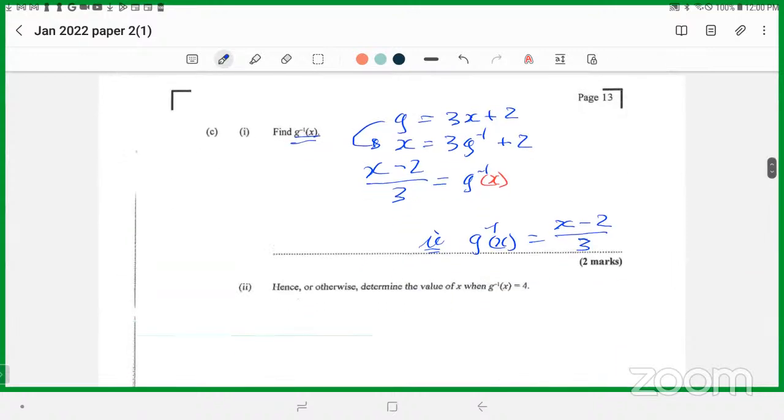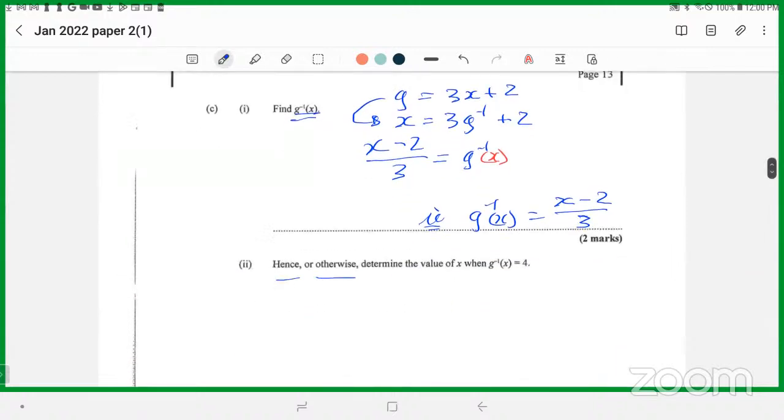All right? And down here now says, hence or otherwise, determine the value of x when g to the minus 1 of x is equal to 4. Well, this equation is really saying x minus 2 over 3 equals 4.